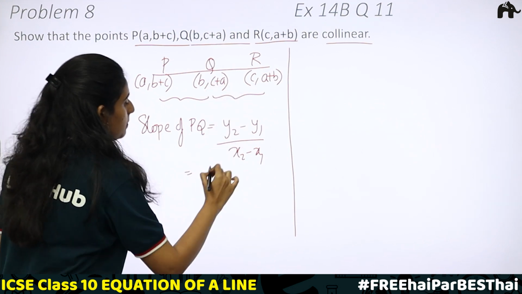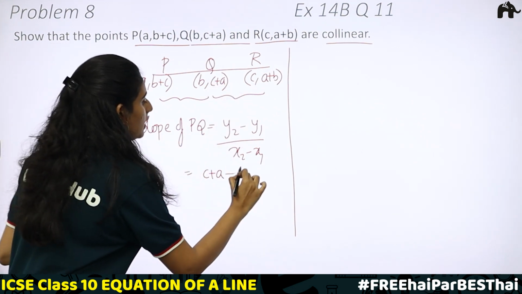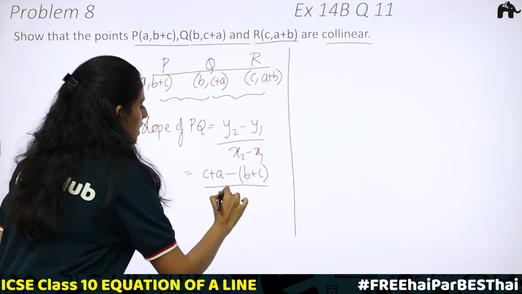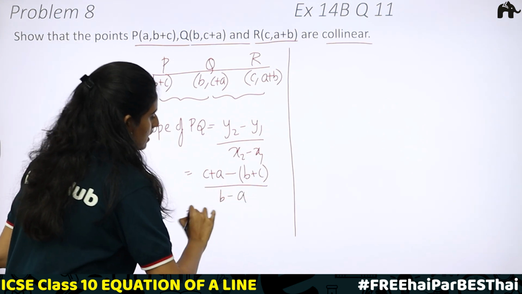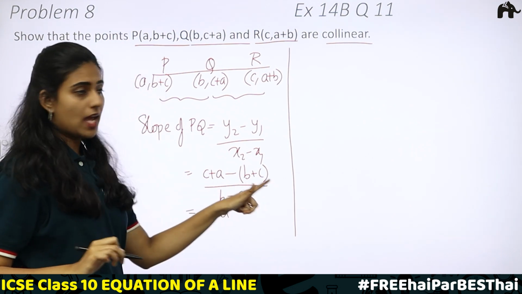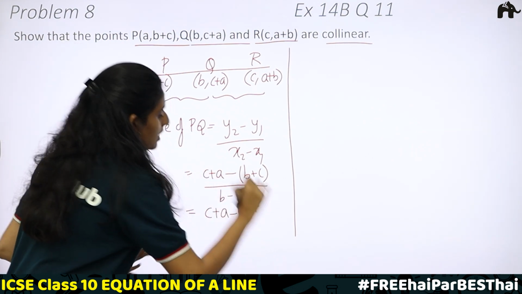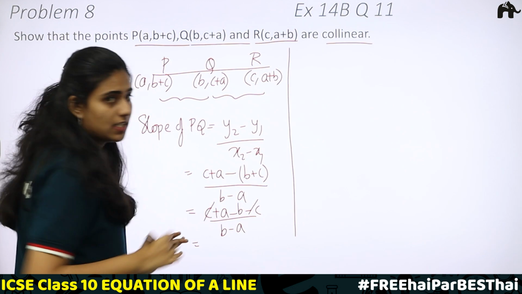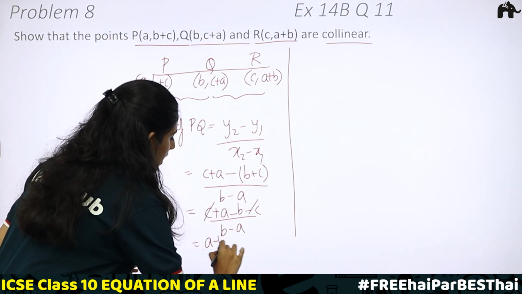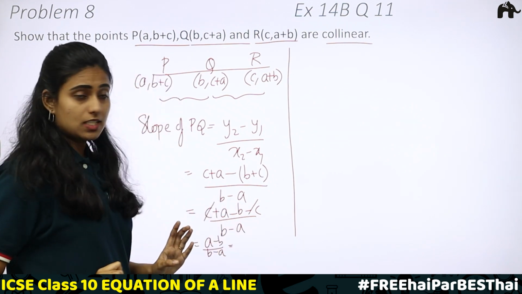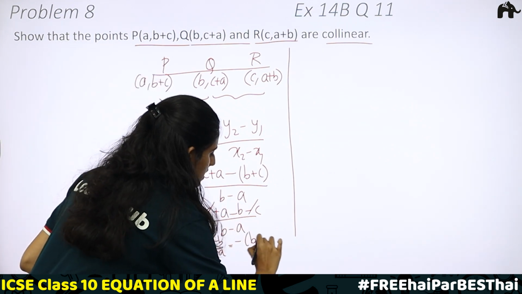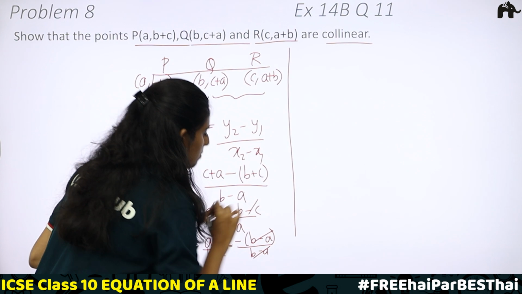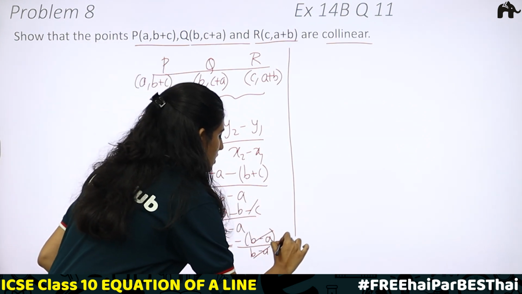Putting the values, y2 minus y1 is B plus C minus (C plus A), divided by x2 minus x1, where x2 is B and x1 is A, so B minus A. That is equal to B plus C, removing the bracket and distributing the negative sign, minus C minus A, divided by B minus A. Cancelling C and minus C, we have B minus A divided by B minus A, which we write by taking a negative sign outside, divided by B minus A. Cancelling B minus A from the numerator and denominator, we get minus 1.